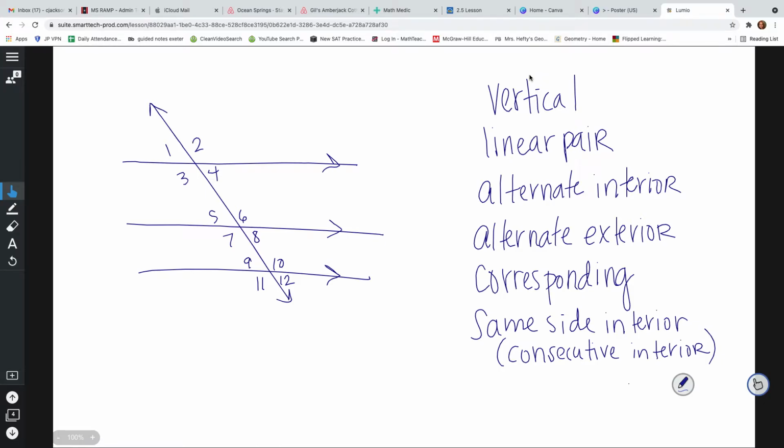While I'm pulling this up, you're just looking at that picture at the top, and you're finding some sets of corresponding, alternate interior. There should be more than 5 of each one.